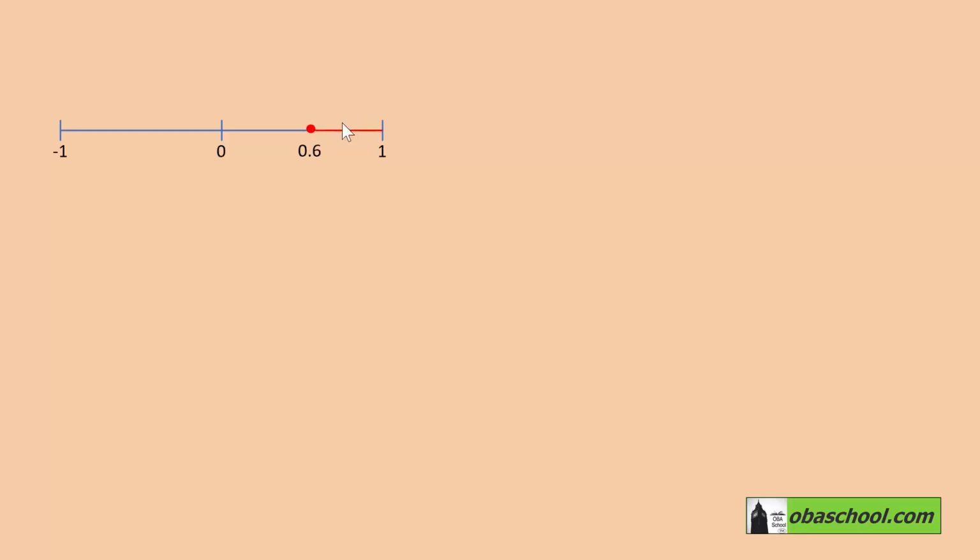And if R lands in this region, then that would be considered evidence to reject the null hypothesis. So if R is greater than or equal to 0.6, assuming this is our critical region, we are in the critical region and reject H0. If not, we have no reason to reject H0. So if our value is not in the critical region, then we have to accept H0.